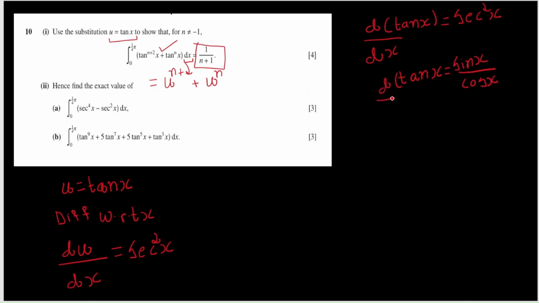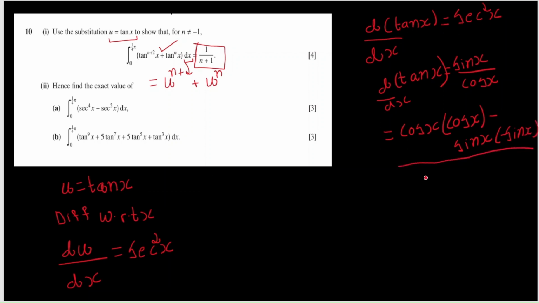We're going to get cos x, and the derivative of sin x is cos x, right? Minus, so we're going to have sin x as it is, and the derivative of cos x is minus sin x, and then we have cos square x in the denominator.